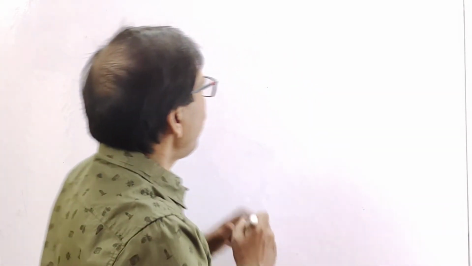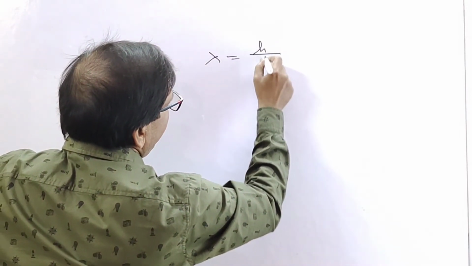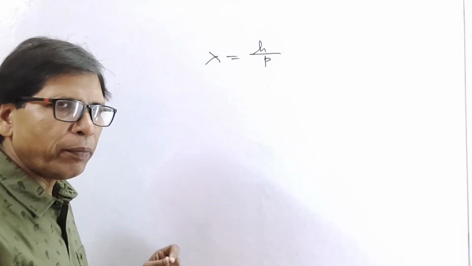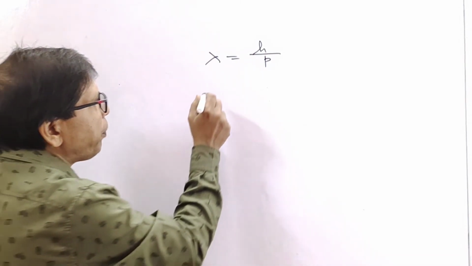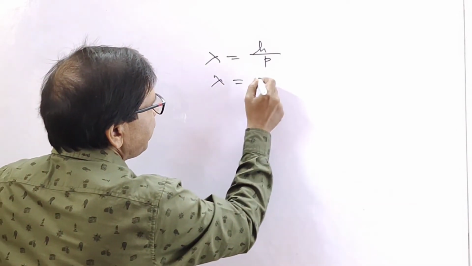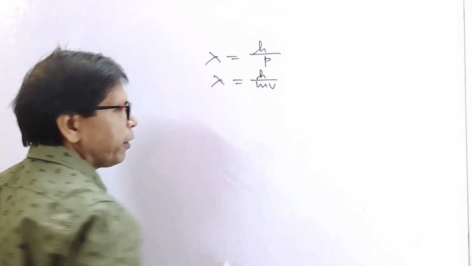Okay. Now, wavelength of de Broglie wave in the form of kinetic energy, temperature and accelerating potential. We know the wavelength lambda equal to h by p, where p is the momentum of the particle. If the velocity of the particle of mass m is v, then p equal to mv. So here h by mv.